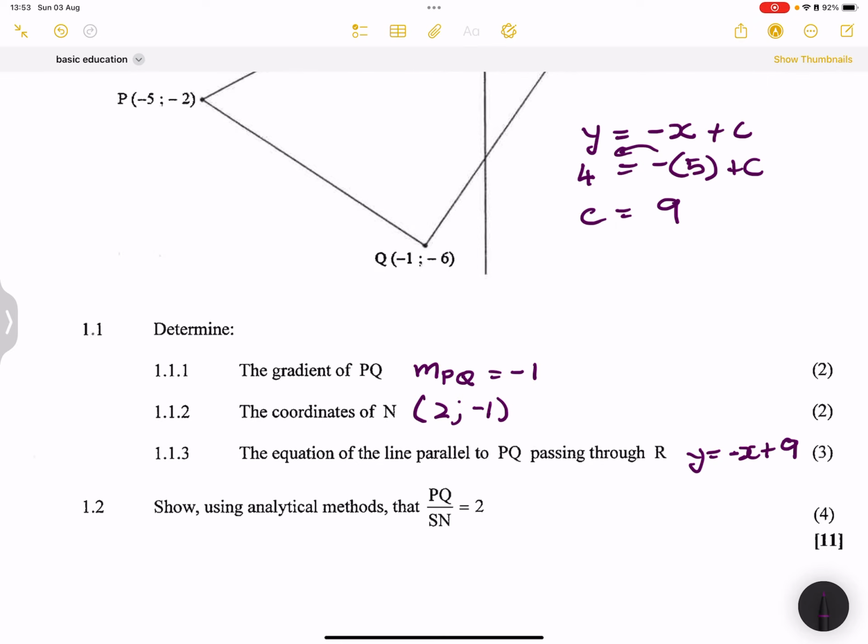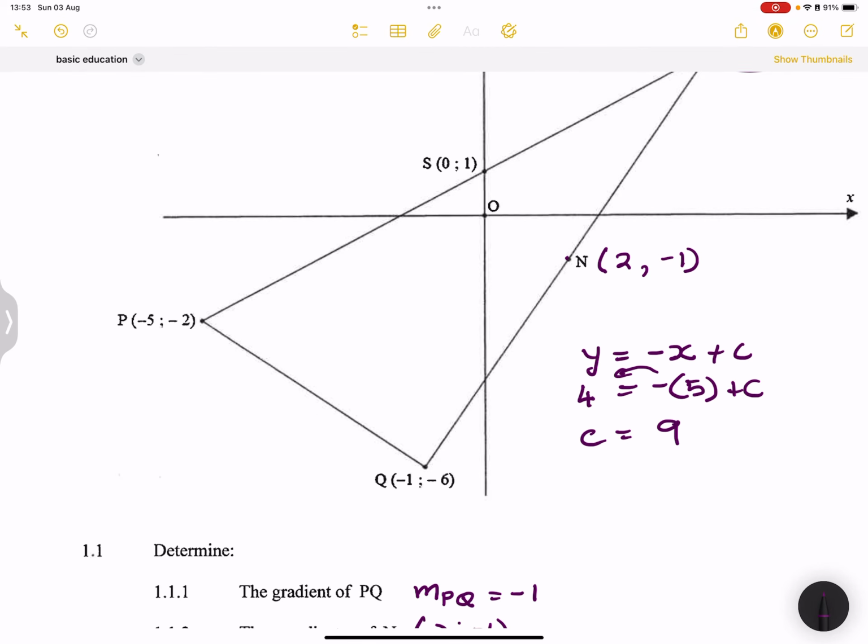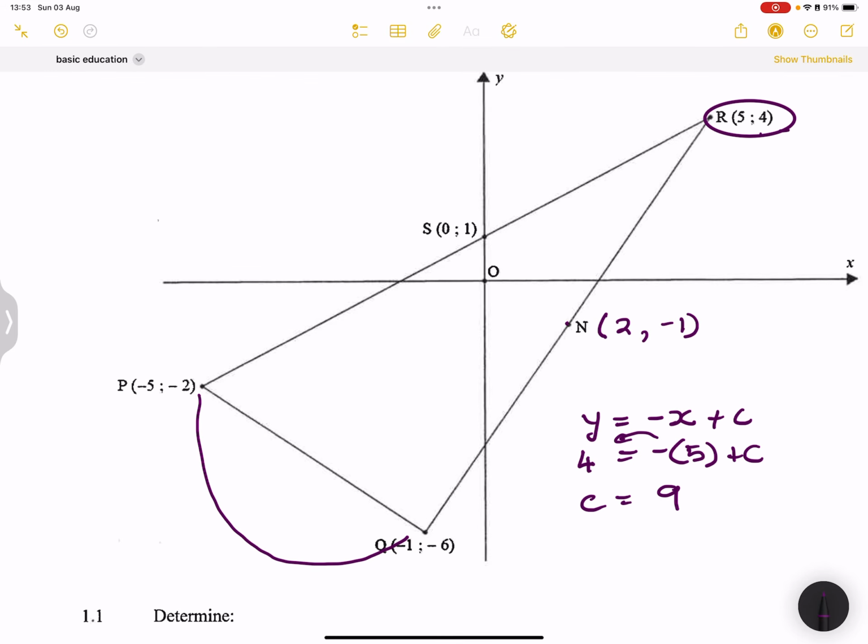Now they say to us on the last question of question 1, show using analytical methods that PQ divided by SN is equal to 2.